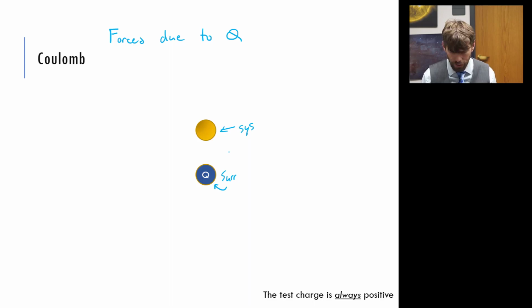You say, of course, I know it. Like charges repel, and so my system will experience a force that forces it away from the surrounding particle. Well, what happens if I drop a test particle on the left-hand side? You say, I know that. It's going to go away. So in this particular case, it should go to the left. Well, how about if I put one in the 5 o'clock position?